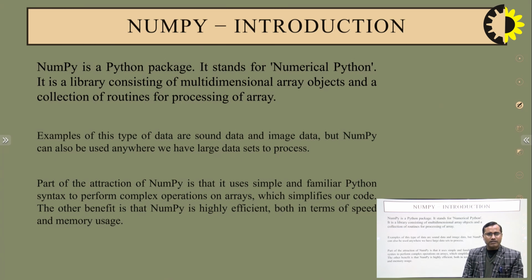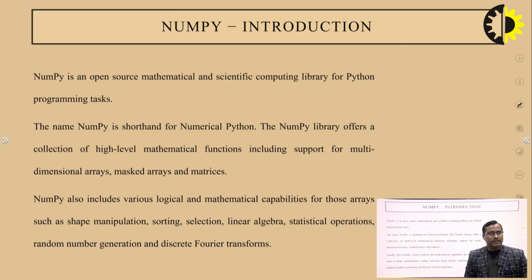The other benefit is that NumPy is highly efficient, both in terms of speed and memory usage. So we basically use NumPy because it is efficient in terms of memory usage, and it also performs the operations on arrays very efficiently. NumPy arrays are basically used to perform manipulations on large data sets.